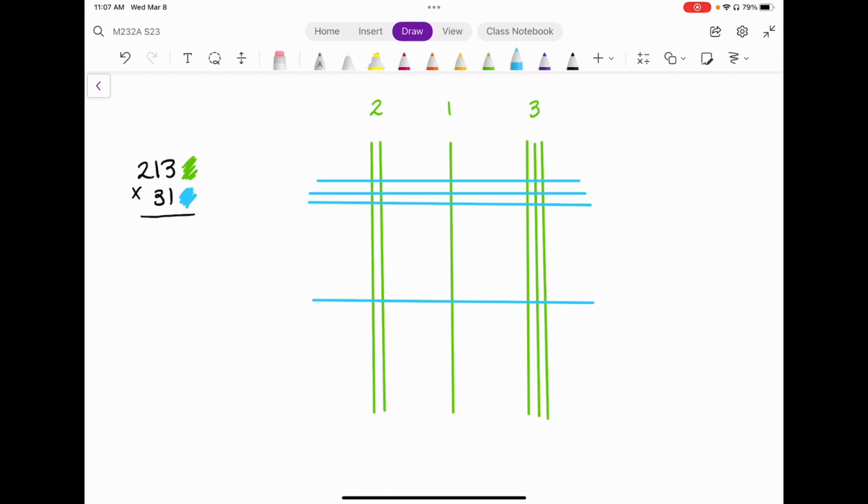And then the 3 blue lines horizontally are representing the 30, and the 1 represents the 1 in the single digit here. Now what I do is I count up however many intersections there are between the blue and the green for each of the different times that they hit each other.